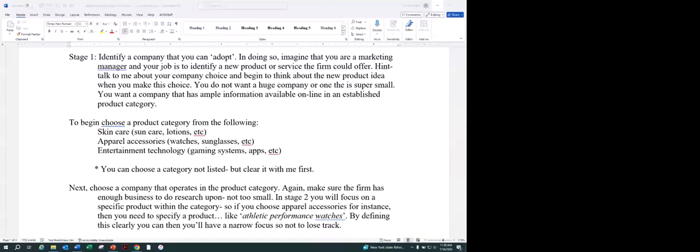If you look at a conglomerate or a company that operates in lots of different industries, that's fine. It's not a problem. But the company focus that you have will only be on the industry in which your new product is going to be delivered. Okay, so that's something we'll talk about a little later too.